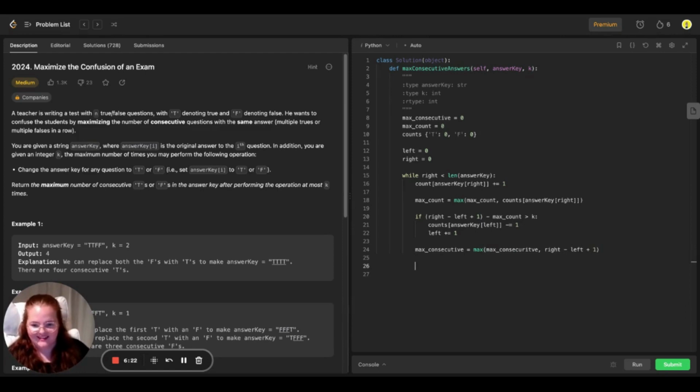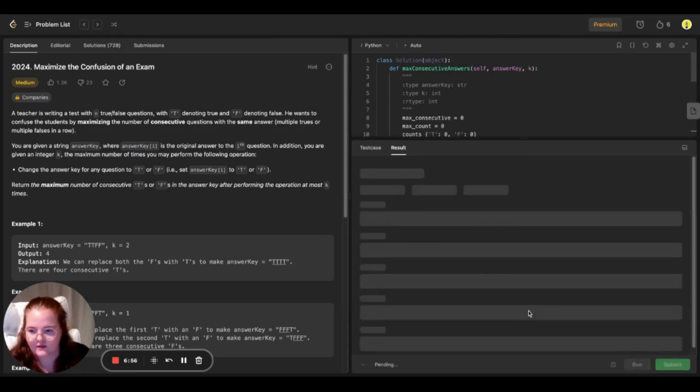So that right can increment, and return max consecutive.